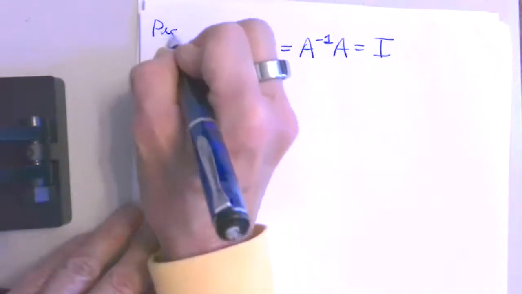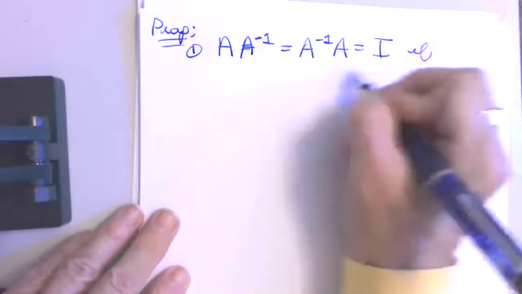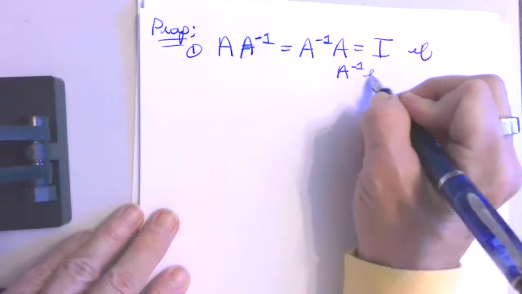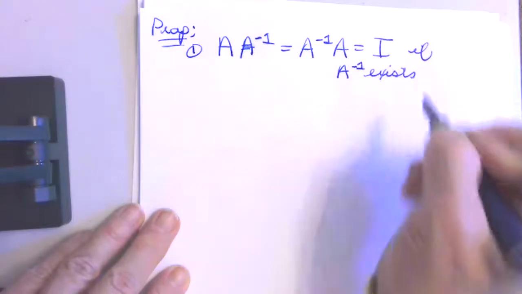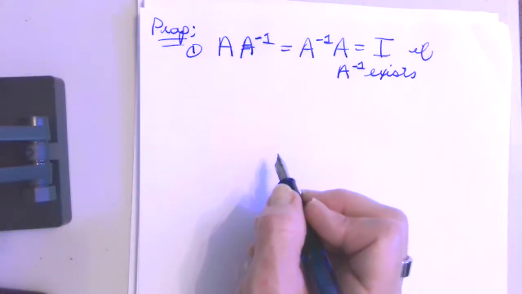Okay, so here's some more properties if A inverse exists. So if you multiply on the right or on the left a matrix by its inverse, you get the identity matrix. That's what you mean by the inverse.